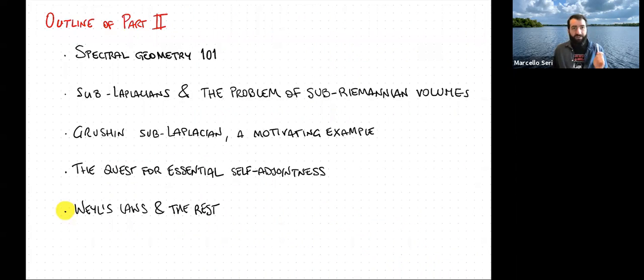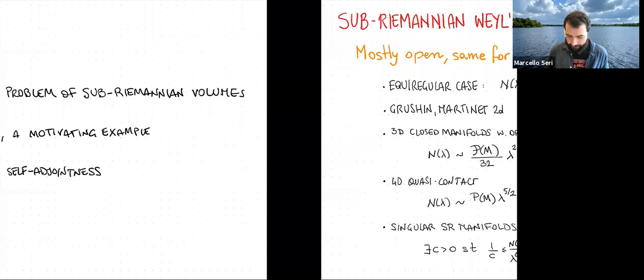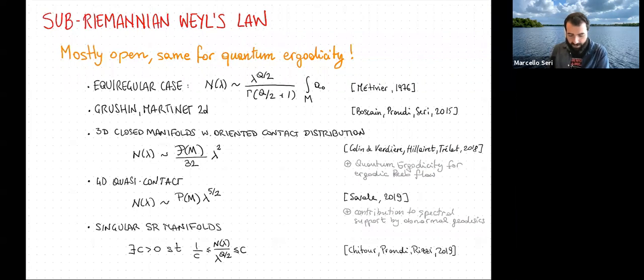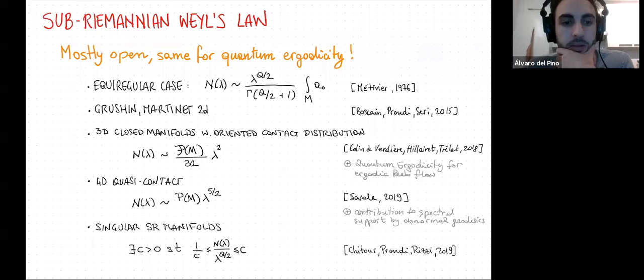So even just to figure out if your operator is self-adjoint and make sense of the spectrum, it's full of open questions. Even in the Riemannian case, in the differential geometric case. So to go back to our original question, the Weyl law in the sub-Riemannian case is mostly an open problem.